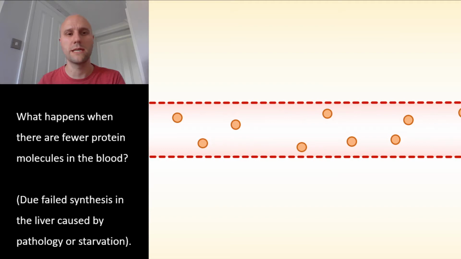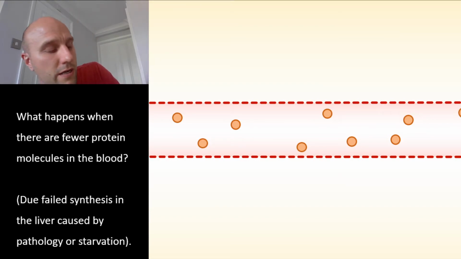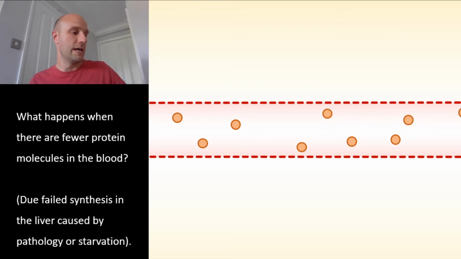So we're going to consider some examples of things that might occur in illness or pathology or various states other than somebody who's completely healthy. Say we have fewer proteins, fewer large molecules within the blood vessels. What might happen to the different Starling forces acting?